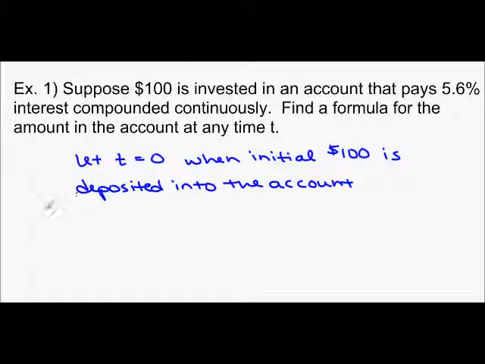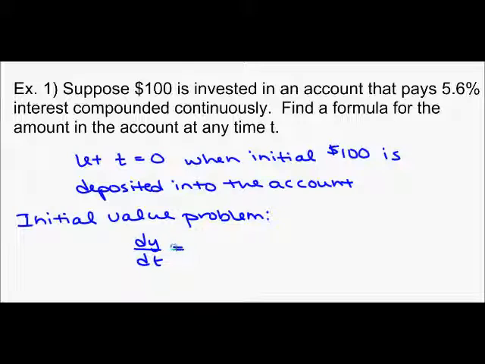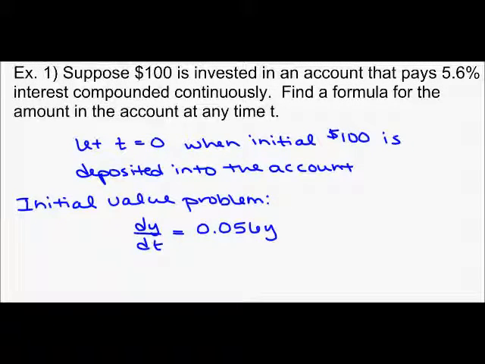So our initial value problem, we have dy dt equals 0.056 y. Where did this come from? Well, I know that my investment is changing, so that's a derivative, a rate of change, with an interest rate of 5.6% written as a decimal.